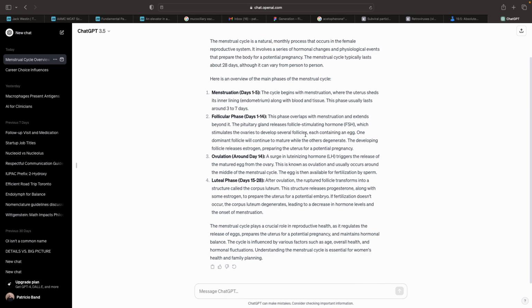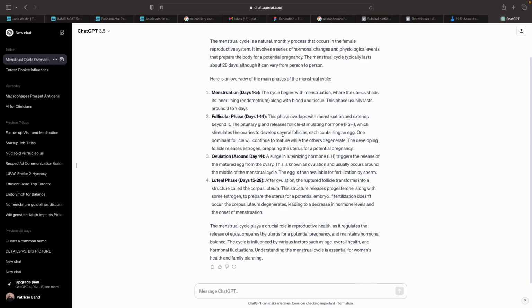And then the follicular phase overlaps with menstruation actually and extends beyond it. The pituitary gland releases FSH, follicle stimulating hormone, which stimulates the ovaries to develop several follicles, each containing an egg. So it's not one follicle, it's not even two, it's several follicles.